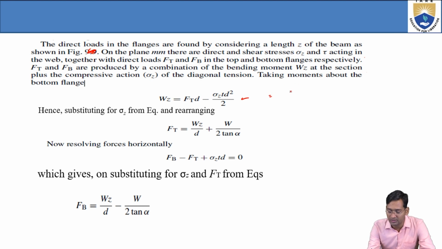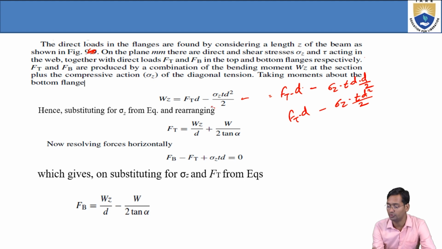In terms of force we have to write sigma z again. First is Ft into d, force into distance, minus sigma z into td, which is the area, into d by 2, since this acts at d by 2. After multiplying we get Ft into d minus sigma z into t d square by 2.